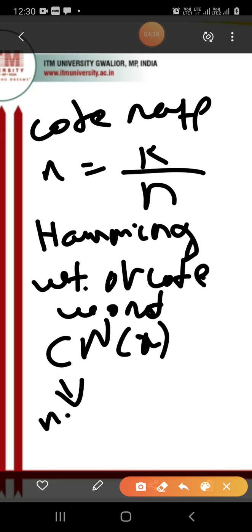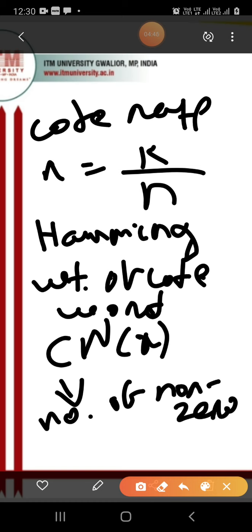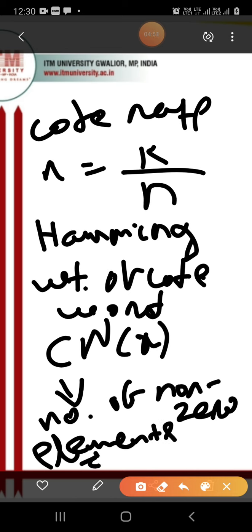So the Hamming weight of a code vector, that is code word, is the distance between the code word and the all zero code vector.